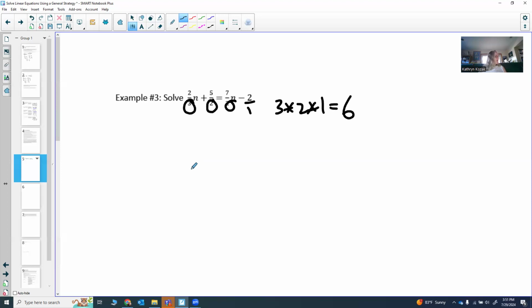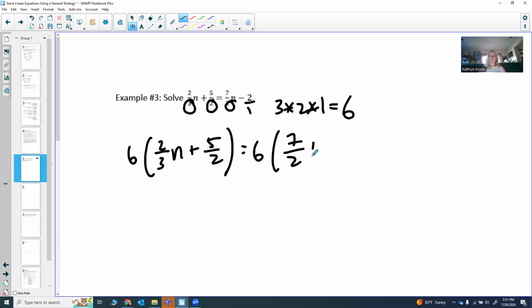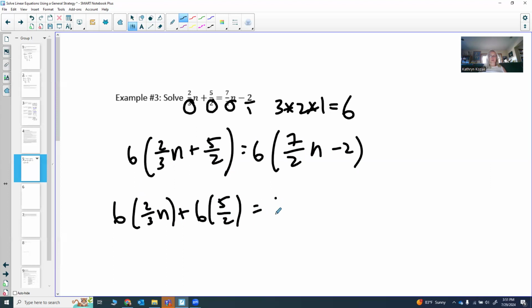First, multiply both sides of the equation by the lowest common denominator of 6, and then distribute. You have 6 times 2/3 n plus 6 times 5 halves equals 6 times 7 halves n minus 6 times 2.